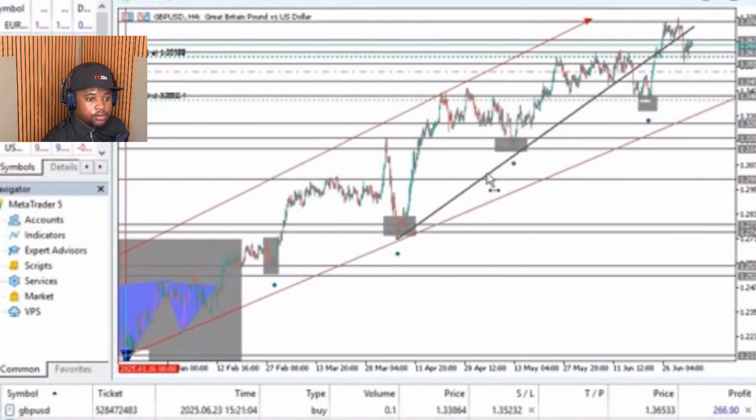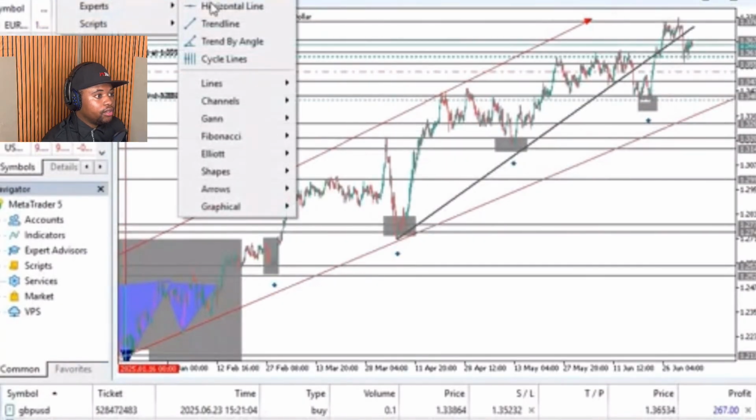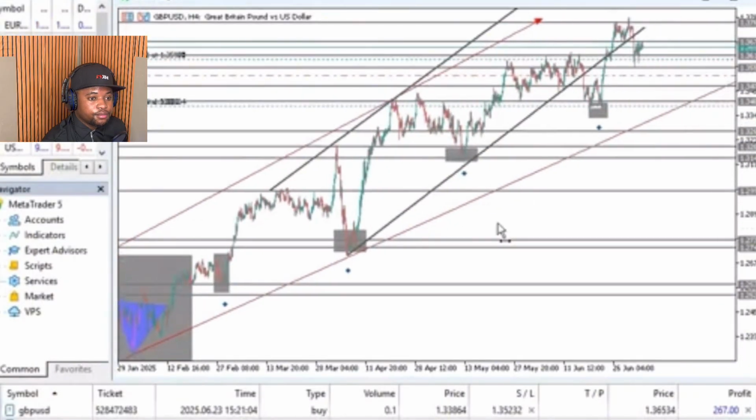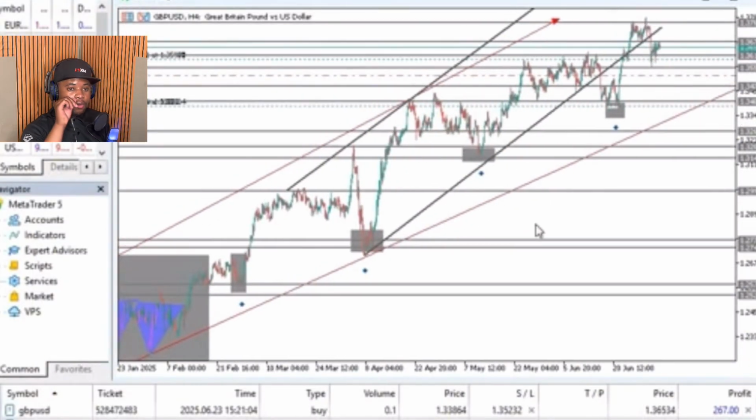Okay, we can copy it here. Okay, let's just put another trend line. We'll just clone it, right? Just clone it and we place it at this level here, right? We place it at that zone there.